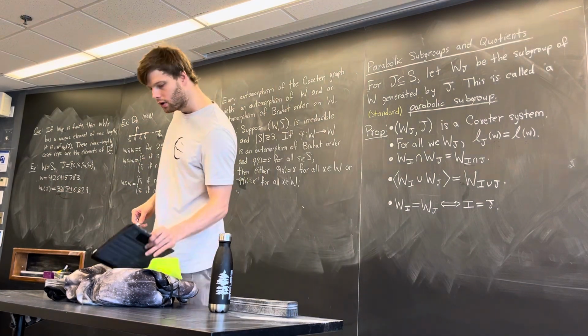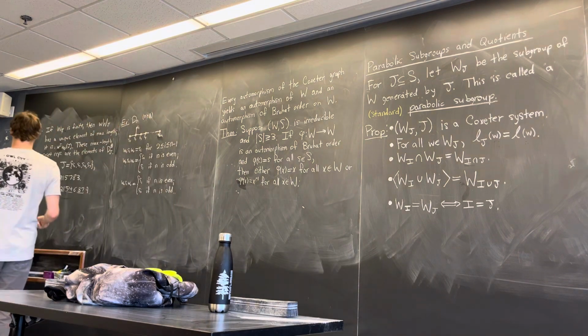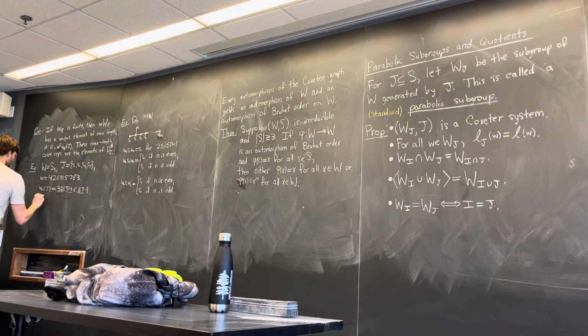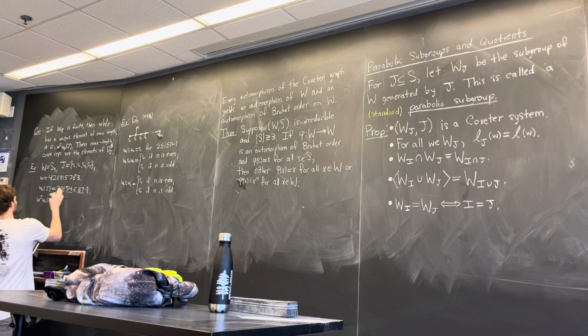And then also, in this case, this W superscript J times W naught of J would be the maximal element of this coset, or maximum length element. This ends up being, if you just multiply it, 6, 4, 2, 9, 1, 5, 8, 7, 3.